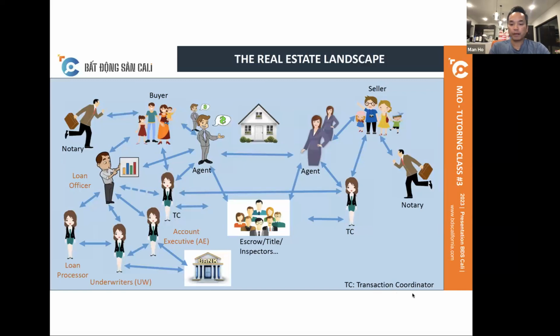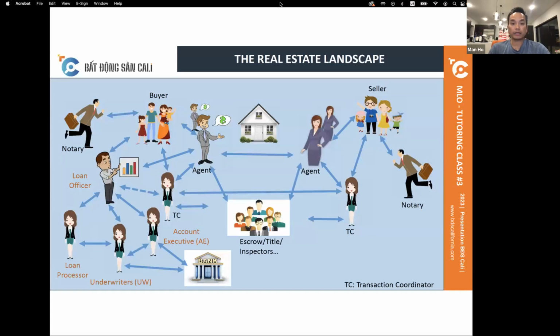Anywhere you see a dot, it means there's some minimal interaction between that character and another character. In this case it's a TC, a transaction coordinator, helping the real estate agent and the loan officer. They don't have a lot of interaction, but the solid lines are the ones that have constant interaction during the transaction or during the escrow.